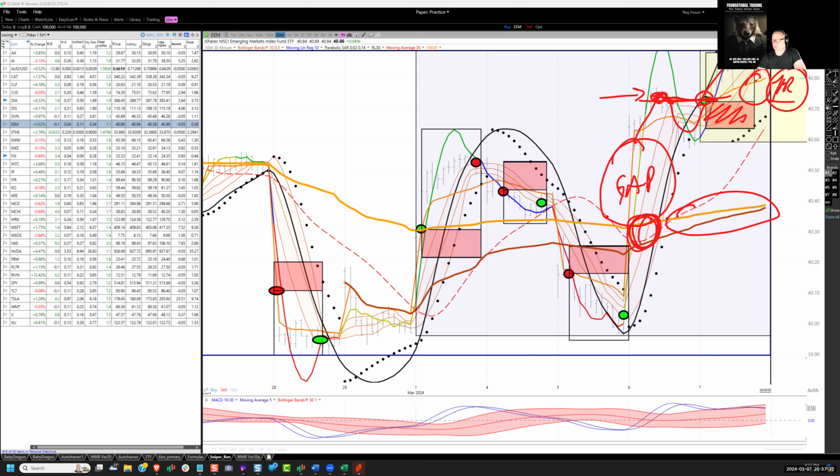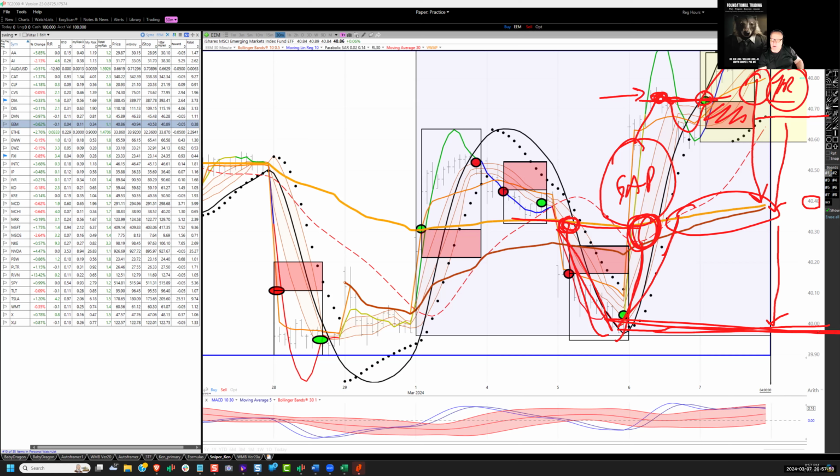I would not be surprised to see this fail all the way back to 40.40 tomorrow. So if we see that PSAR break, then the move is down to 40.40. And if that doesn't work, then the move is all the way back to 40. Why? Because that's how far they were able to pull it away from the 10 period the last time before it reversed.